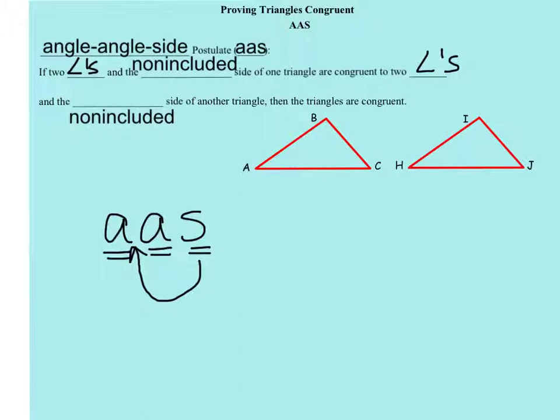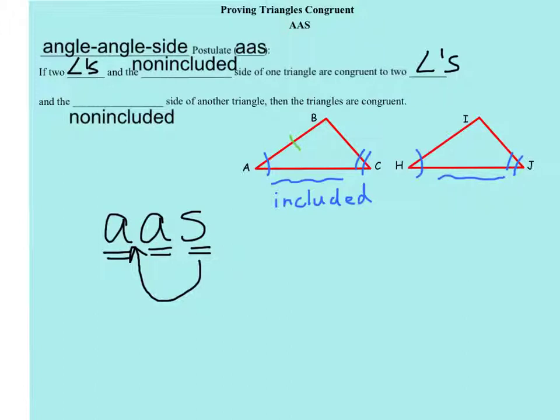So let's mark angle A, angle H congruent, and angle C and angle J. The question is, which one is the non-included side? A minute ago, we said that this would be the included side. And we don't want the included side this time, we want the non-included side. So we have two choices for non-included sides.